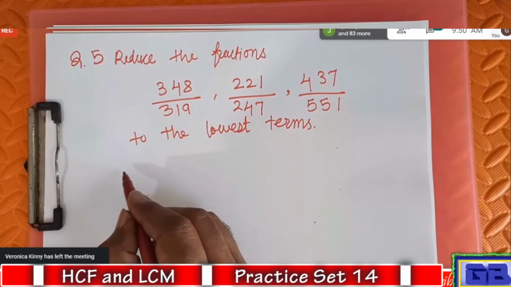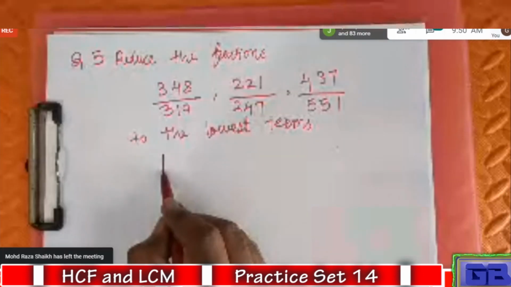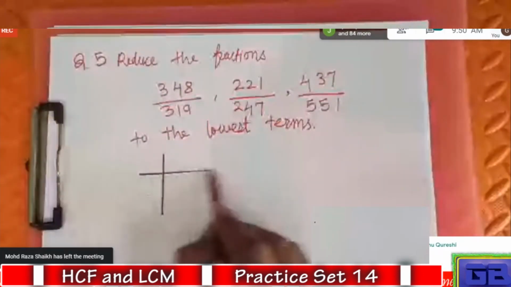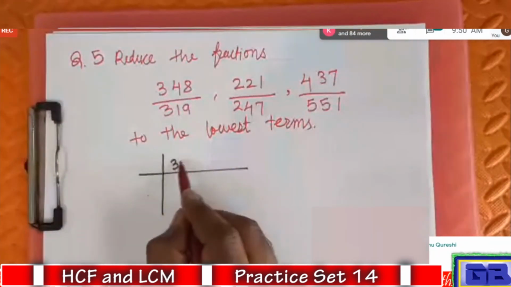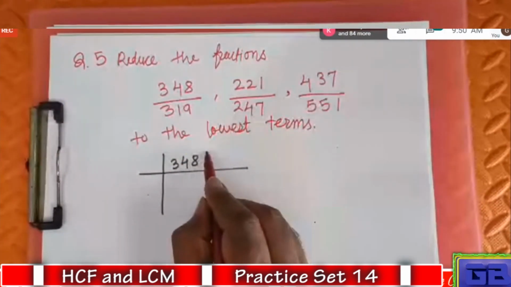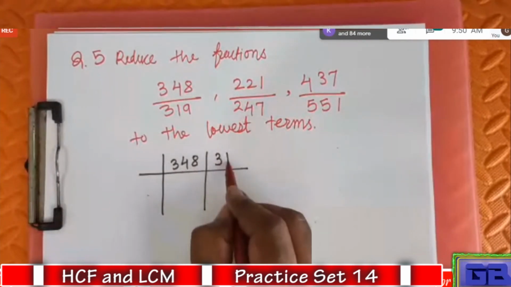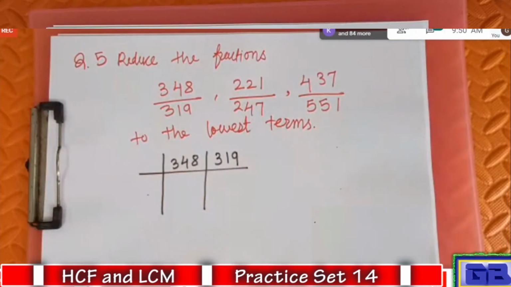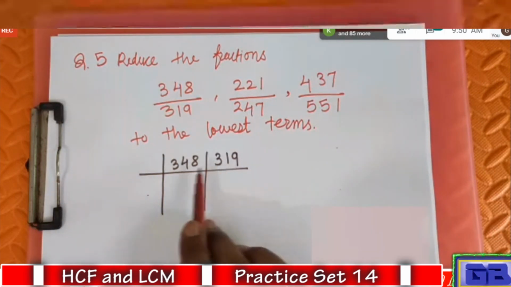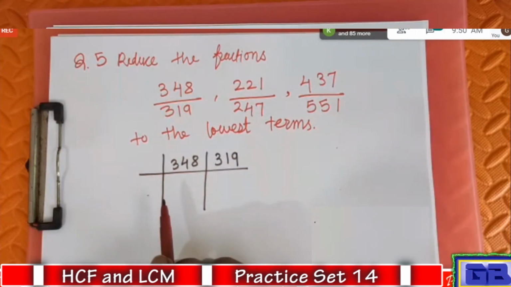Take these two numbers down, 348, 319. Now we have to see these two numbers are divisible by which number.